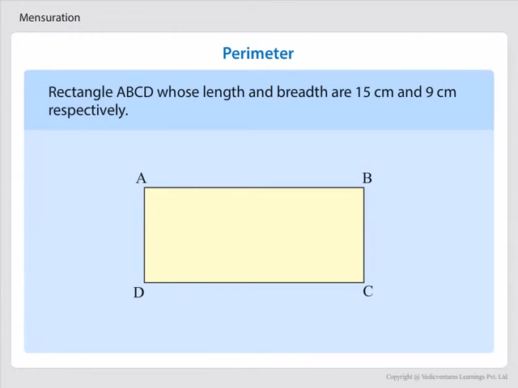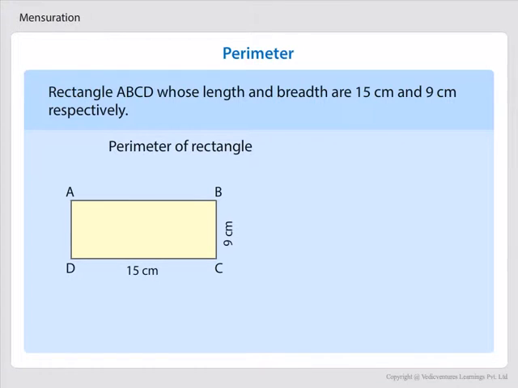Consider a rectangle ABCD whose length and breadth are 15 cm and 9 cm respectively. What will be its perimeter? Let us find out.